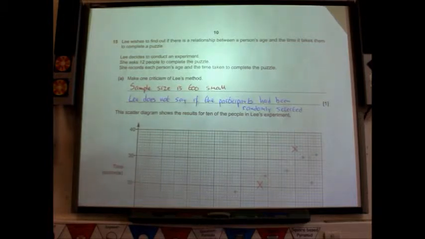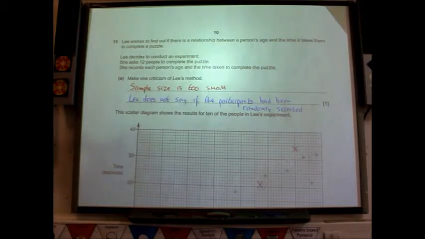Whenever you're doing any research like this, you need to say how you're selecting the participants for it. I'll just give you a really silly example. Let's say Lee's mum worked as a university professor, and let's say they're all old and above 60 or 70, and she gave them the puzzle to do.